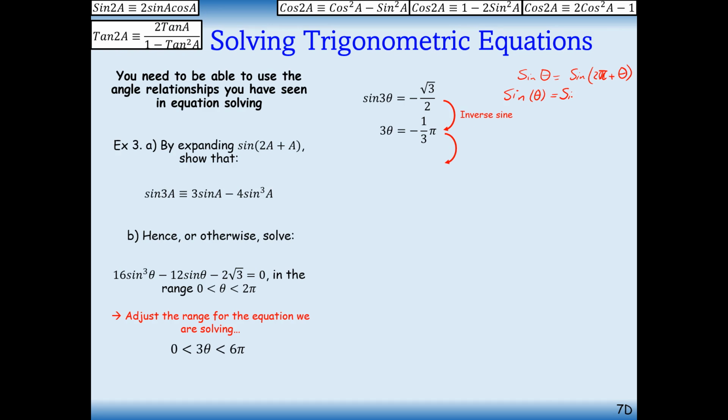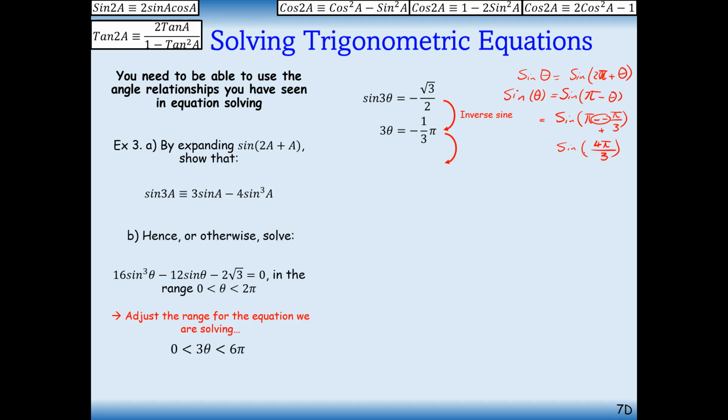Now, we found our angle to be a negative angle, so pi minus theta means pi minus a negative pi over 3. These two negatives will make a positive, therefore that's the same as sine of 4 pi over 3.